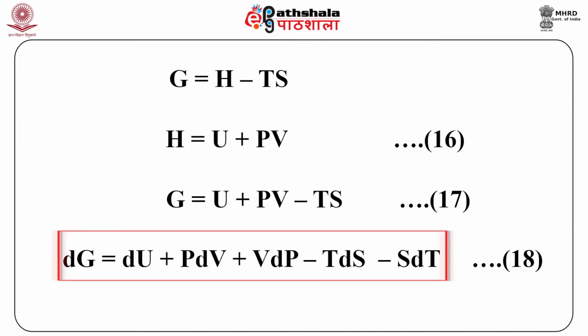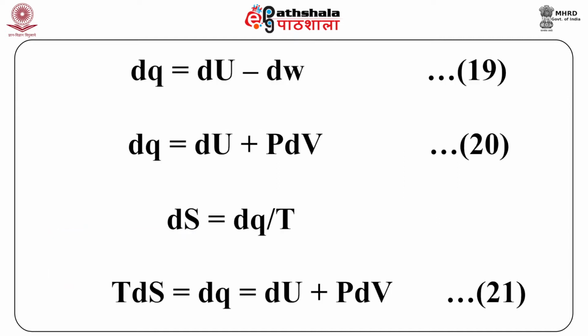18. For infinitesimal small change, the first law equation can be written as dq equals dU minus dw as our equation 19. As minus dw is equal to PdV, substituting this in the above equation 19, we get equation 20, dq equals dU plus PdV.